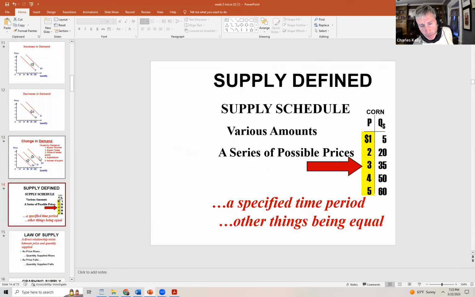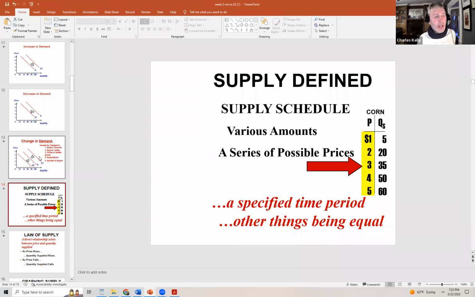So here's the thing about supply. This is going to sound highly similar to demand when we start defining it and explaining it. But the one key idea is that most people think of price as an obstacle. You're familiar with that: you like lower prices, you don't like higher prices. When you're talking about supply, think from the standpoint of the producer. You're now the seller.